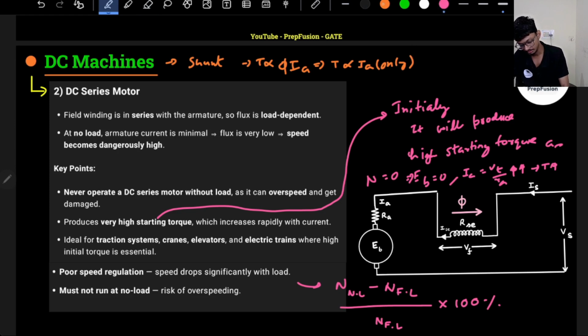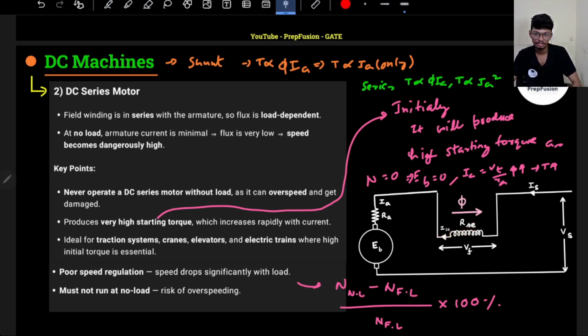In case of series machines, torque is proportional to flux times IA, and flux is also proportional to IA, because the same current flows through the field windings. So torque is proportional to IA whole square, while the shunt is proportional to IA only. Of course, which one will be higher? IA whole square. That's why the starting torque of a series motor will be much higher than the shunt motor. I hope that is clear.